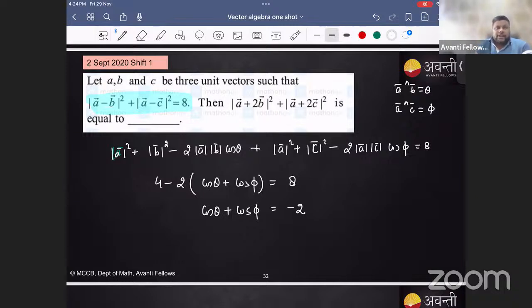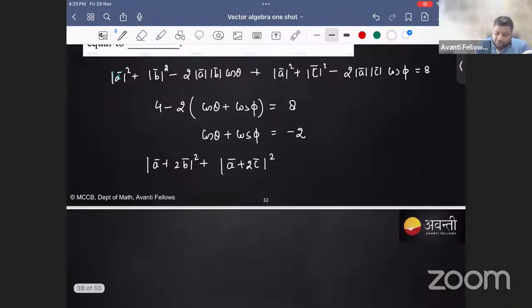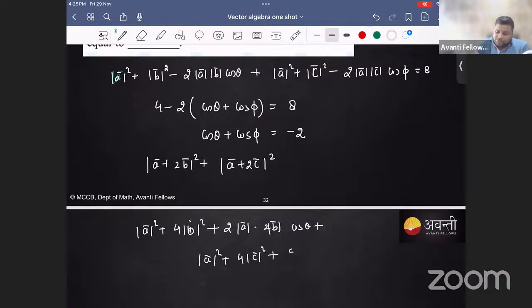Got it? As such, it is quite clear that both cos theta and cos phi have to be negative. Now they are asking for magnitude of A plus 2B whole square plus magnitude of A plus 2C whole square. So this is going to be mod A square plus 4 times mod B square plus 2 mod A 2 mod B cos theta, plus mod A square plus 4 times mod C square plus 2 magnitude A 2 magnitude C cos phi.